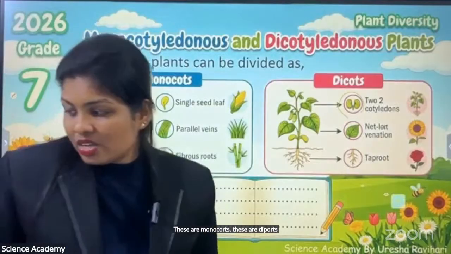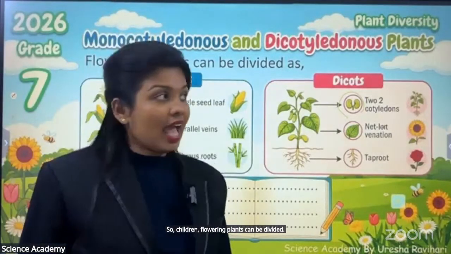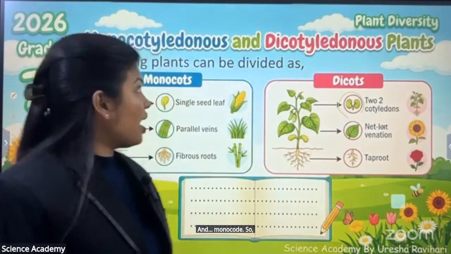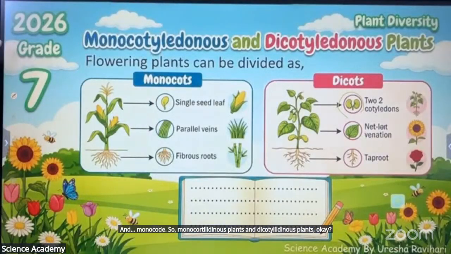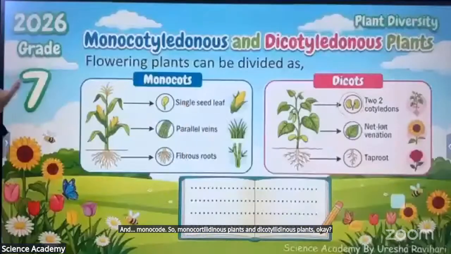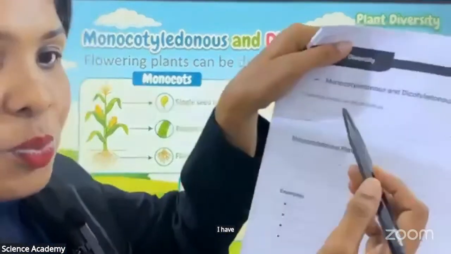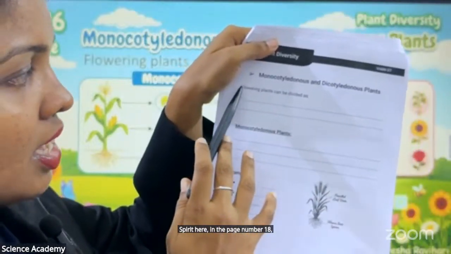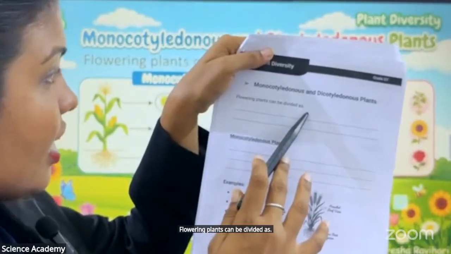Children, flowering plants can be divided as monocots or monocotyledonous plants and dicotyledonous plants. Here, on page number 18, I have given space. Flowering plants can be divided as what?